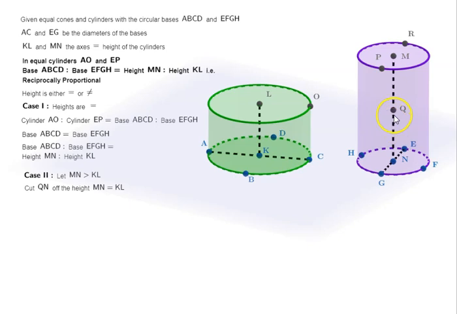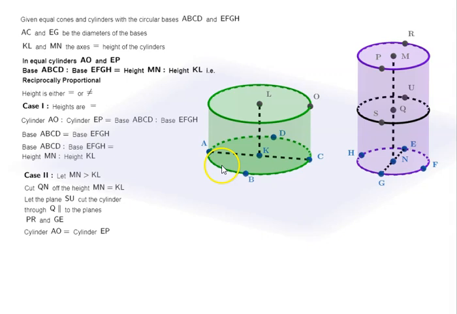So here QN is equal to KL. Let the plane SU cut the cylinder through Q parallel to the planes PR and GE. So let me bring in that plane and let's name points on that. So we have a plane SU which is cutting the cylinder parallel to PR and GE.